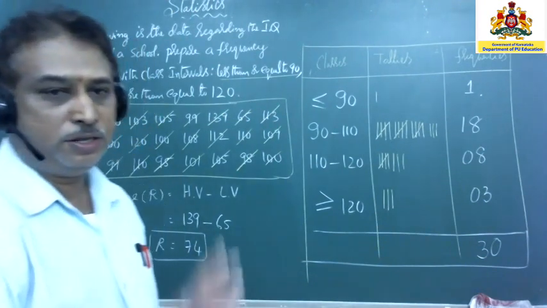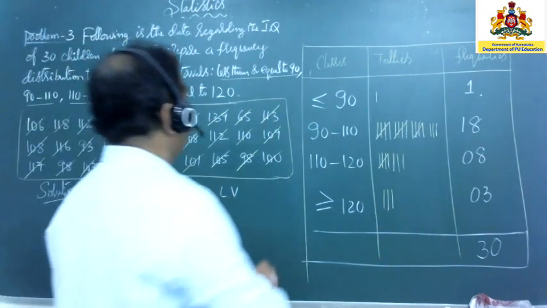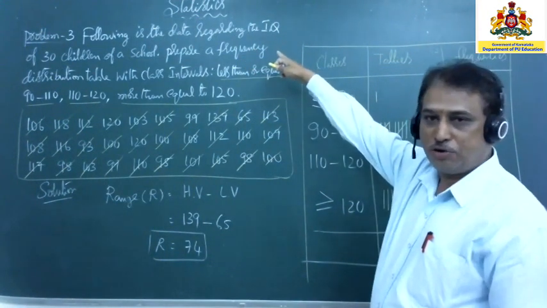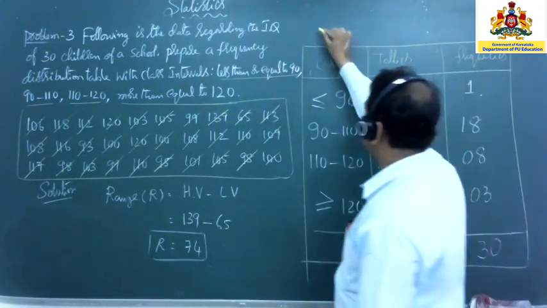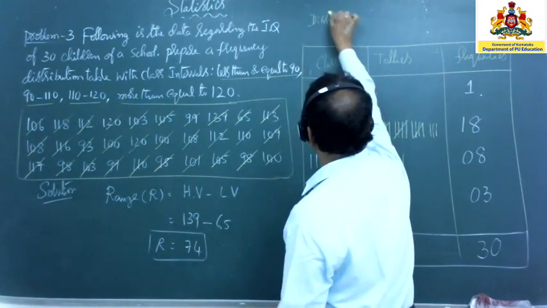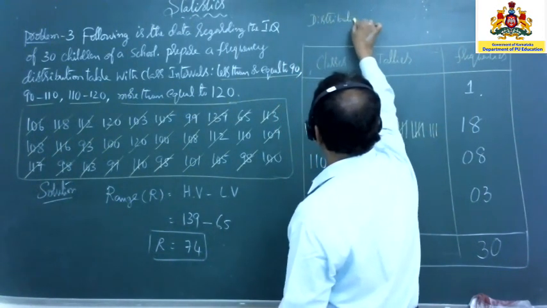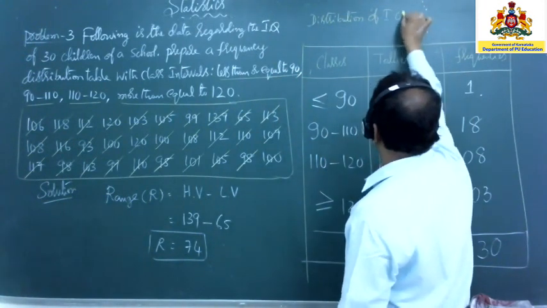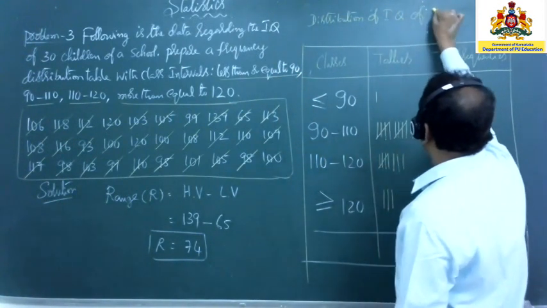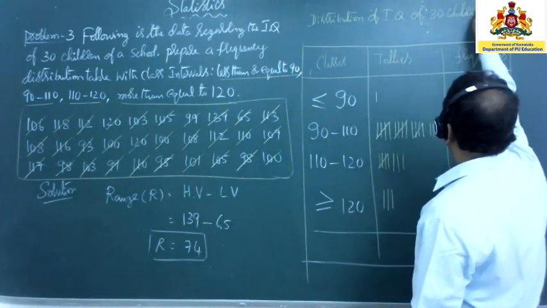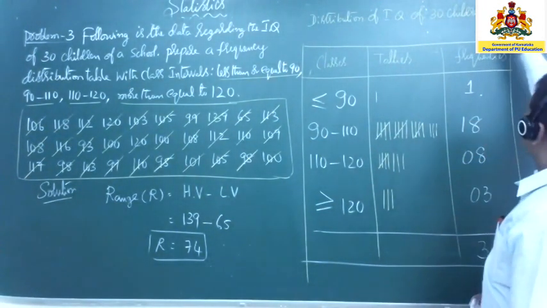For this one, you have to write the heading. How to write the heading? The data is regarding what? IQ of children. Here, distribution of IQ of 30 children of a school.